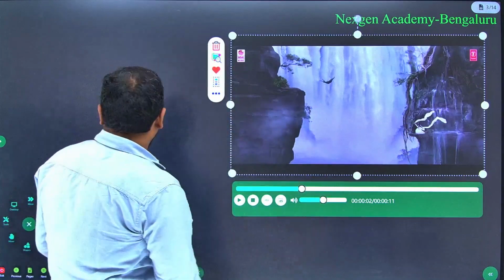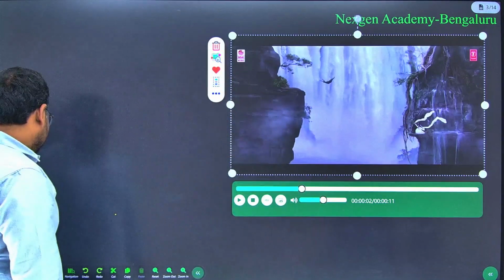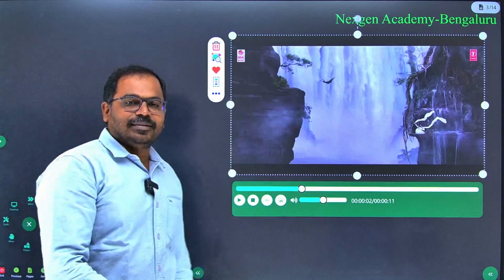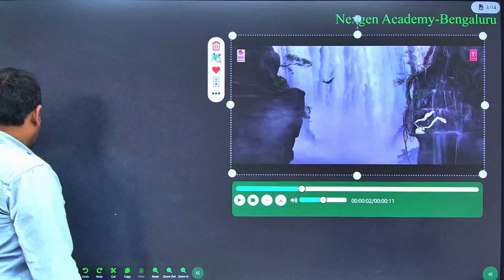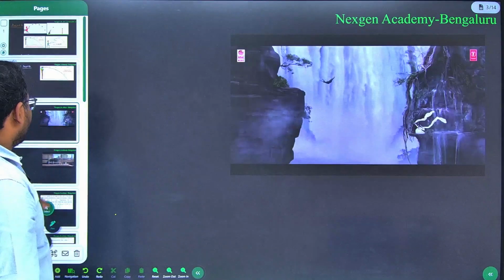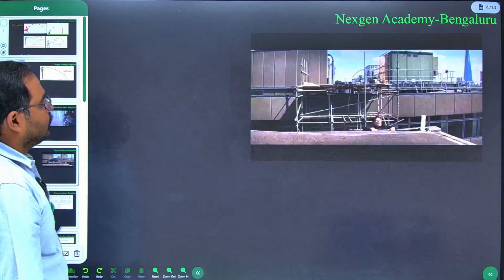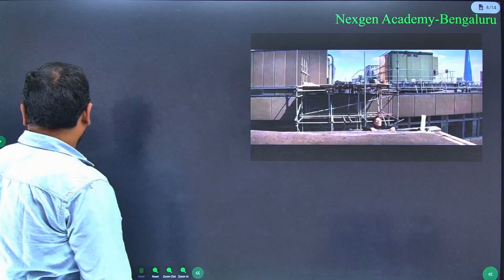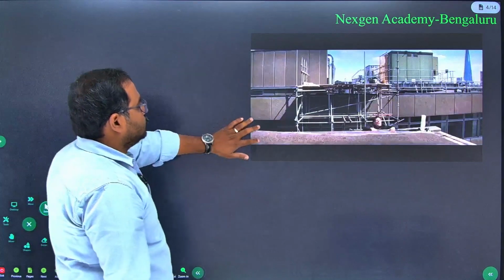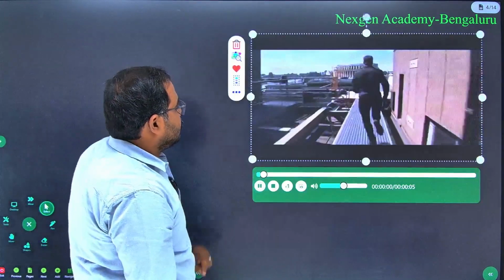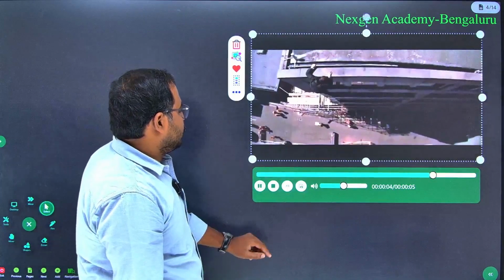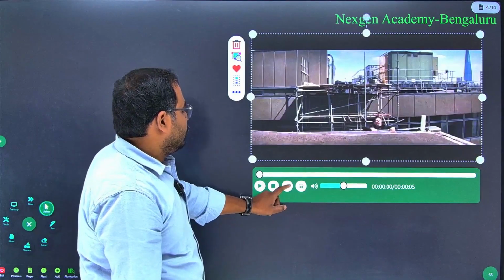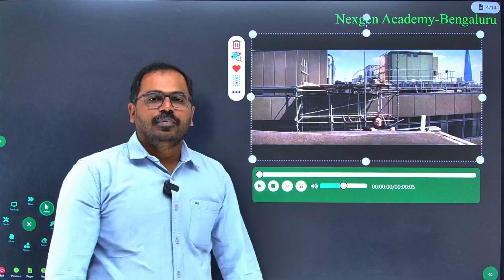Okay, fine. Now, coming to the next example, we have collected a Hollywood movie example also. Next one, look at this example. Hope you have seen this movie, Mission Impossible.